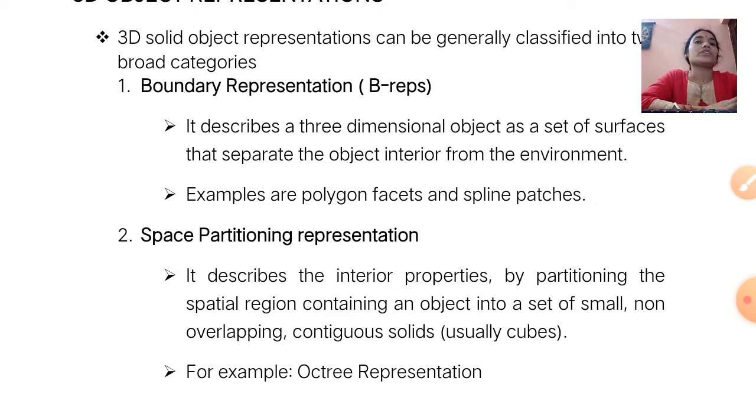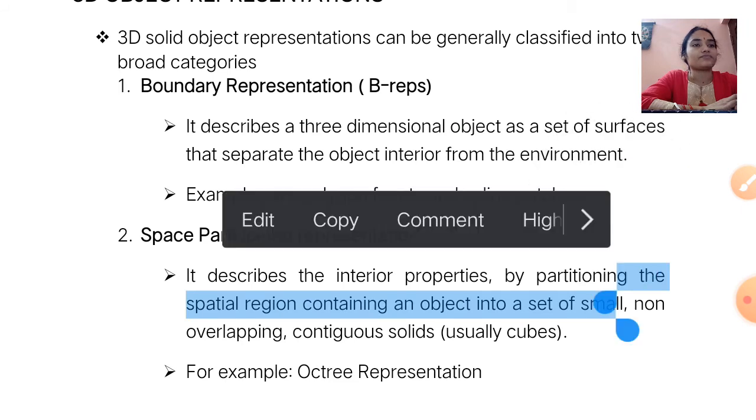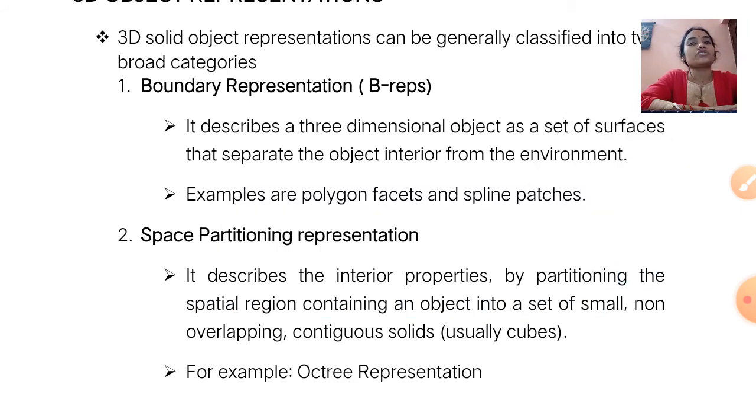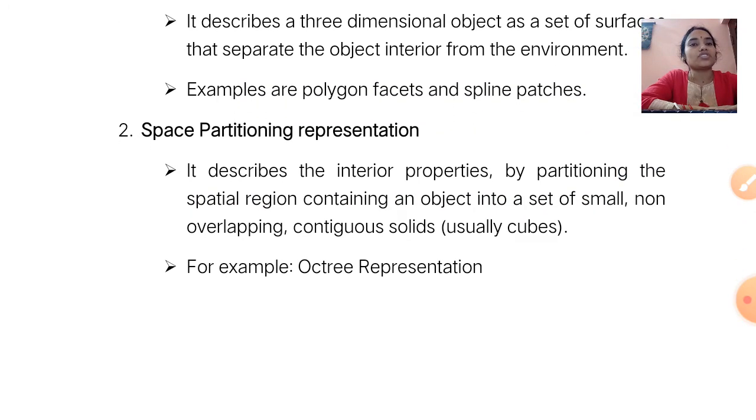For example, polygon facets and spline patches. Next is space partitioning representation. It describes the interior properties by partitioning the spatial region containing an object into a set of small, non-overlapping, contiguous solid cubes.